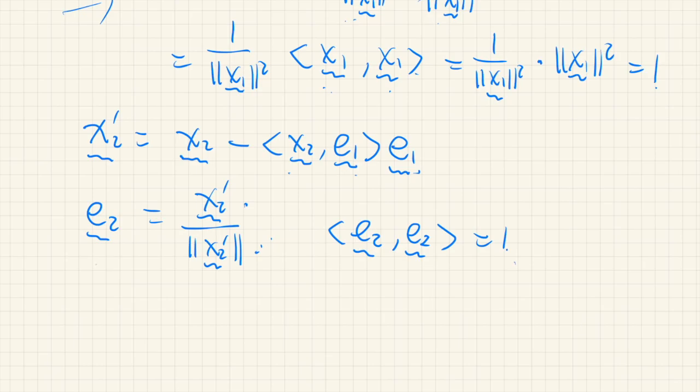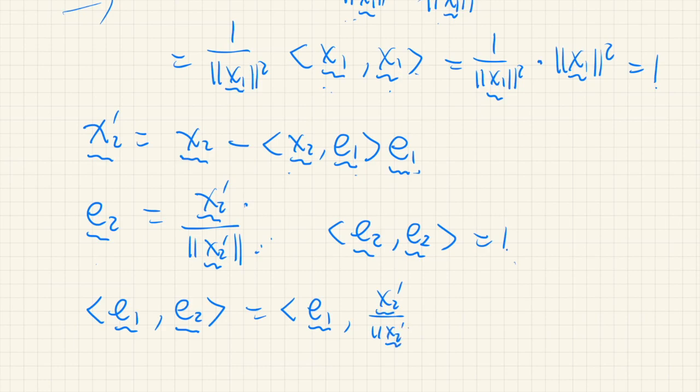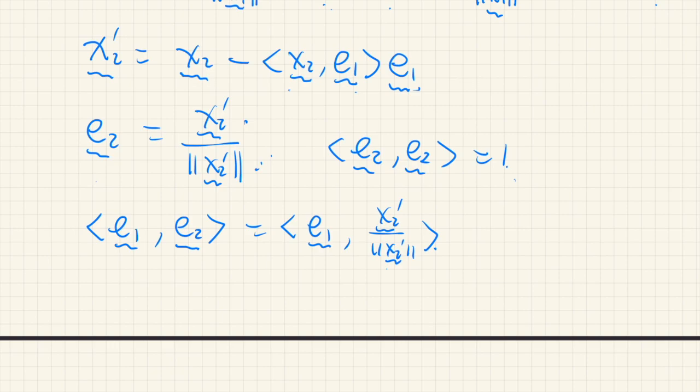Now, what about the orthogonality? That means e1 times e2. What happens to this? Let's keep e1 as it is and put in e2, and give the definition of x2 prime.